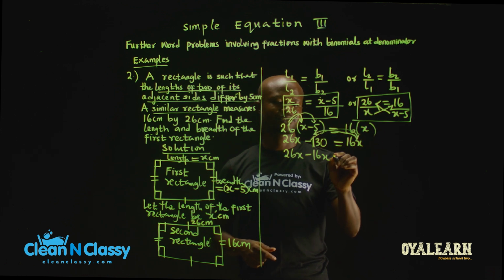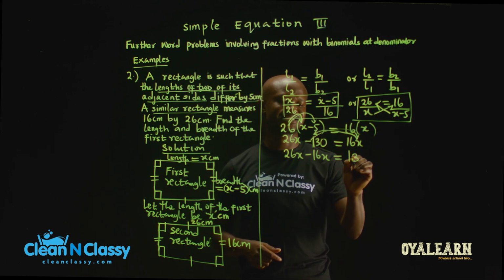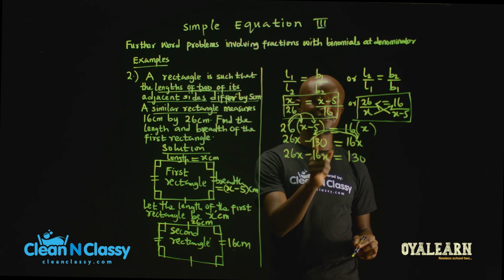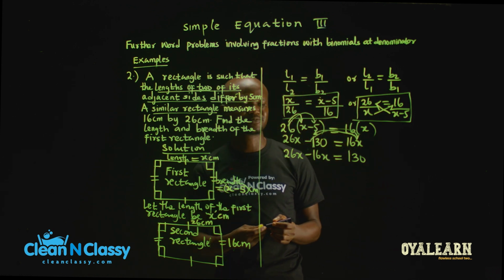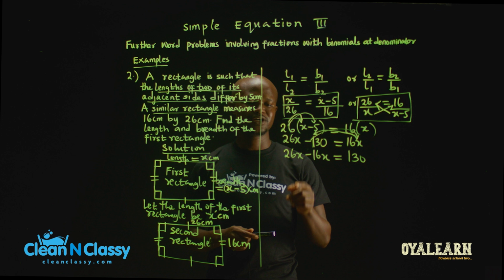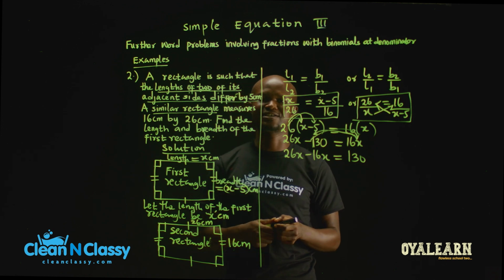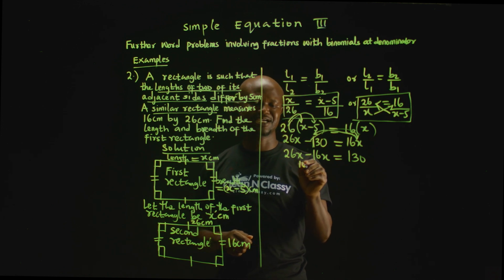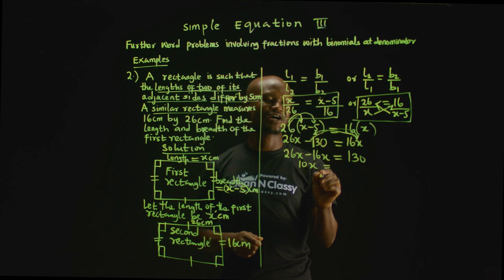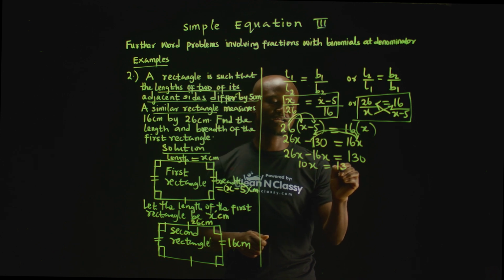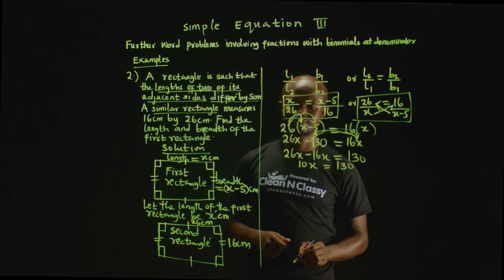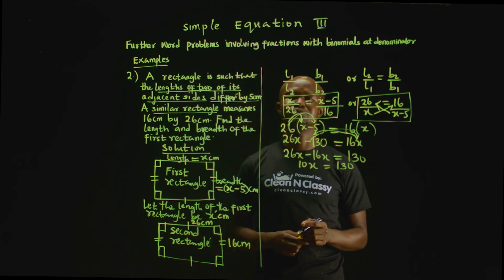This is negative, but by the time it comes to the right, it becomes positive, so we have 130. 26x minus 16x gives 10x. So we have 10x equals 130.